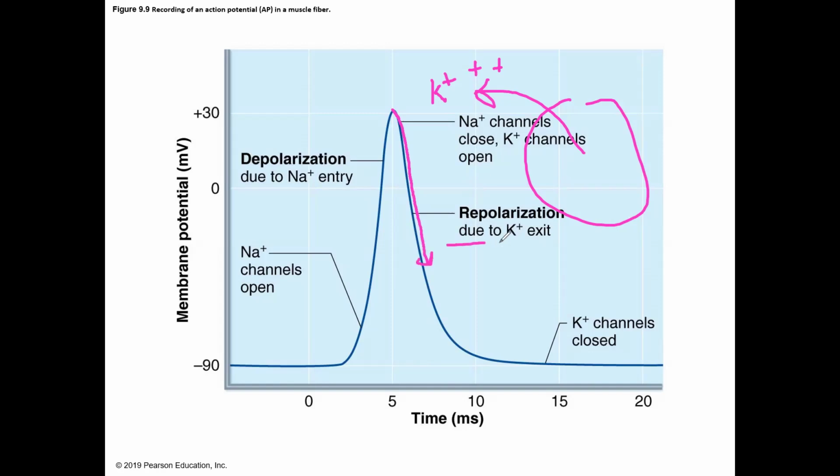The term is called repolarization. Now these channels open up a little longer than you need. You do go a little bit below minus 70 millivolts, called hyperpolarization. Finally, they will close, and your leaky channels, which are channels just naturally always open, and your sodium potassium pump will bring you back to minus 70 millivolts.